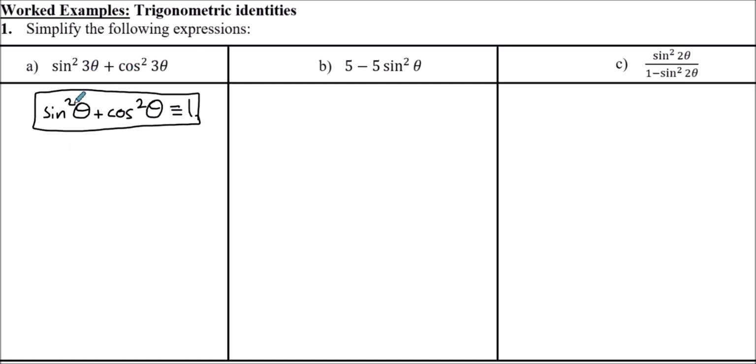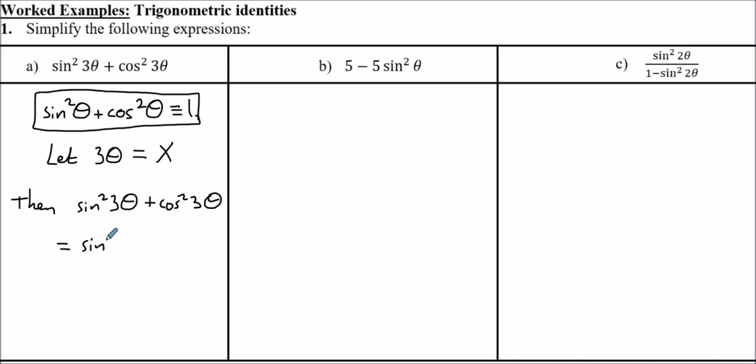So what I'd suggest you might want to do is make a little substitution to make it a bit more obvious to yourself. So let 3θ equal big X. It means it becomes more obvious. And sin squared 3θ plus cos squared 3θ is sin squared big X plus cos squared big X, which has to equal 1.